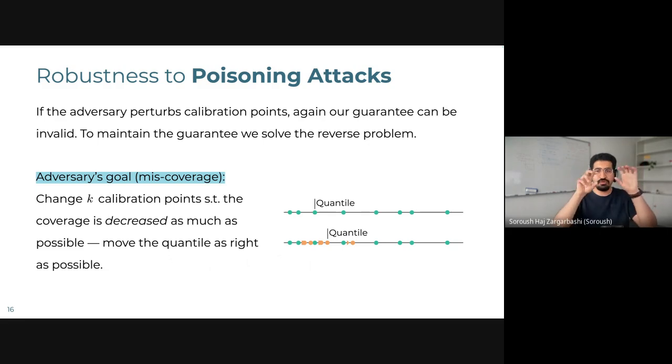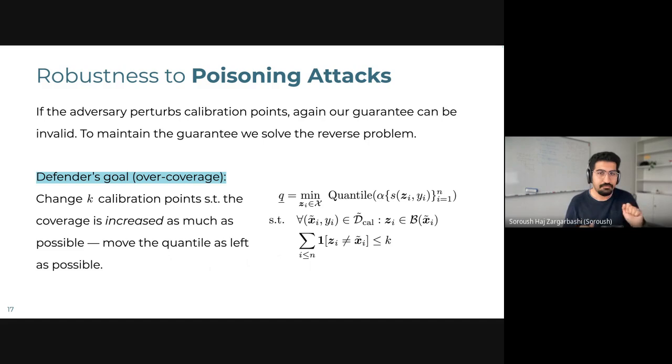So I try to perturb points in such a way that I move the quantile to the right. But again, I say that as a defender, I try to find any k possible perturbations that move my quantile to the right side now, because I want to be more conservative. And by solving this problem, basically I'm finding any possible set of k perturbations. And therefore, if my calibration points were perturbed in the first place, I somehow remedy that.